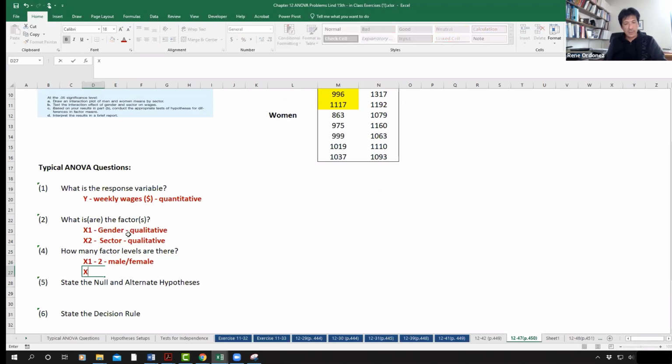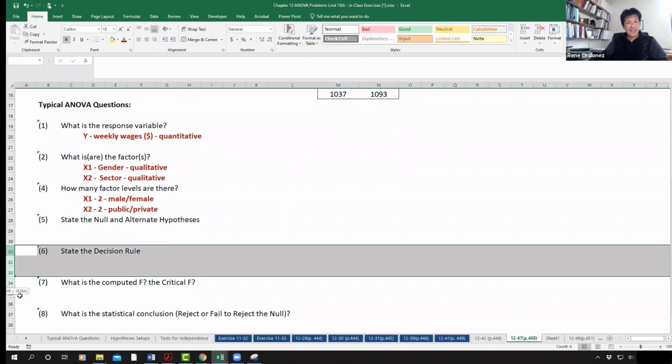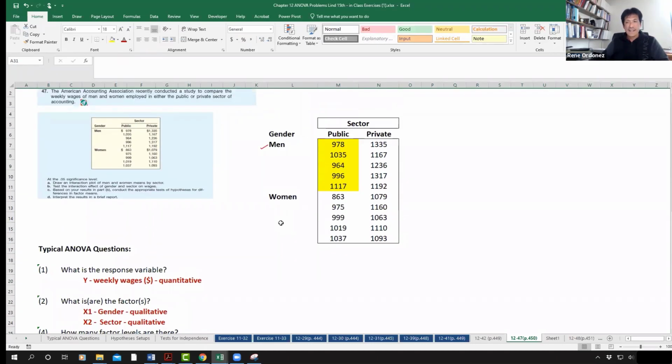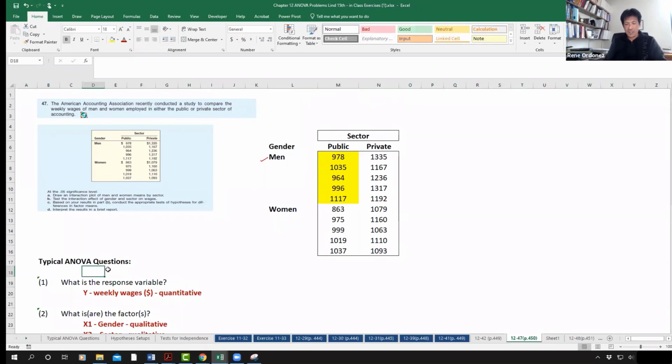And for X2, there are also 2: the public and private sectors. So for this one, this will involve a two-way ANOVA with replication. Okay.